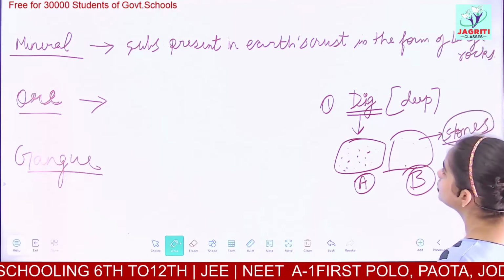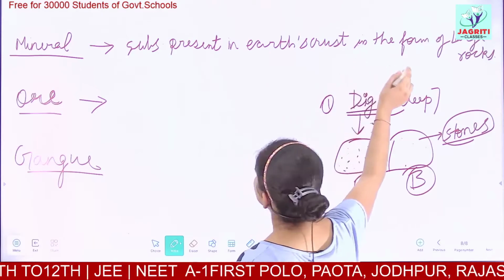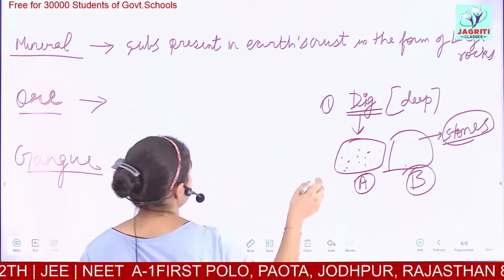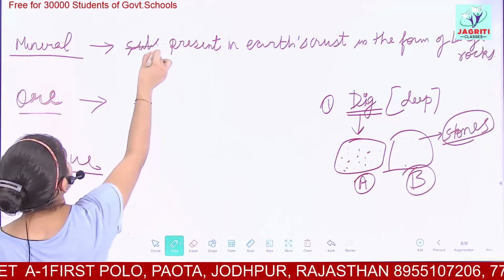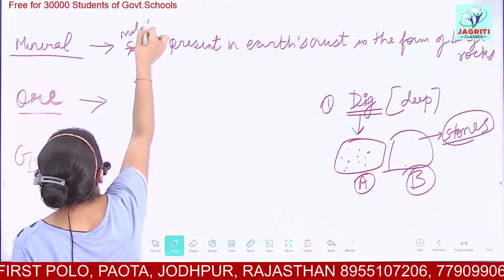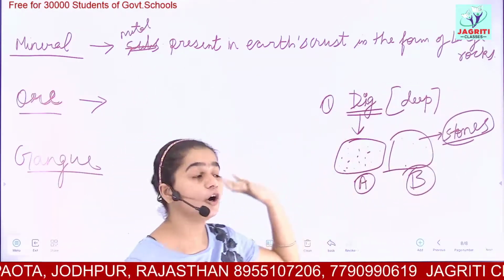These are the large rocks or stones. So minerals are the large rocks present in the earth's crust which contain metals. The metal present in the earth's crust in the form of large rocks are called minerals.